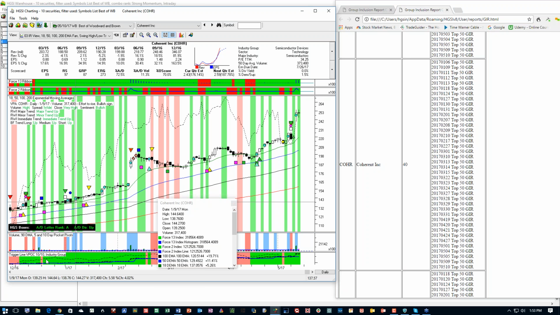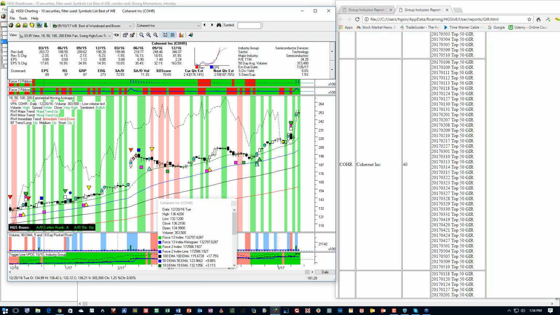You can see that the VPOC turned green clear back here on this date, and there was a test for supply on that date. So it also tested off the 18-period exponential moving average. So this hugged that 18-period. I didn't mention, unfortunately, on the AMAT, on the other stock, that the group was mostly going up.